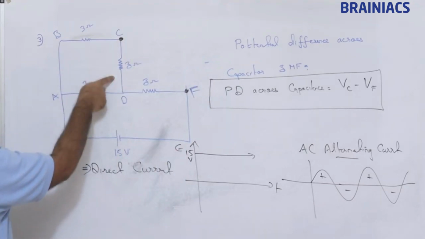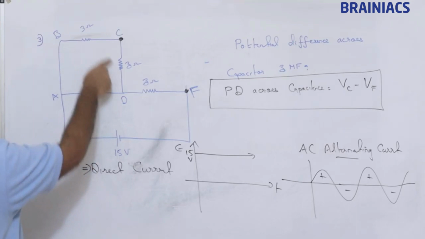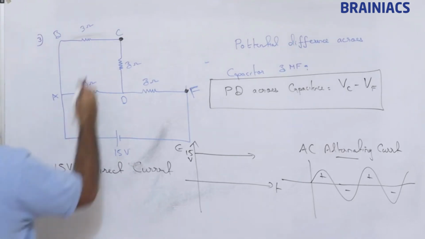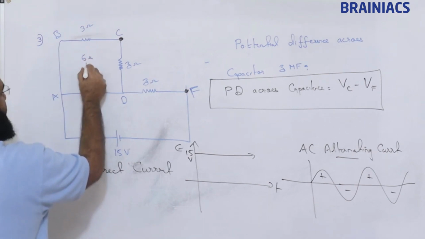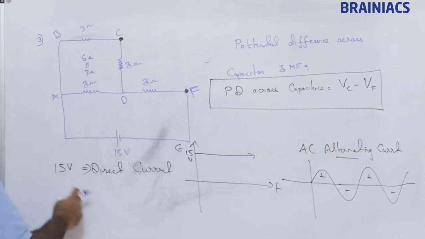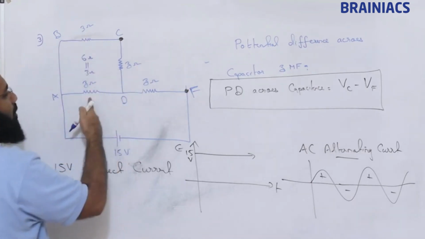Now this 3 plus 3 is 6, that is in parallel with this 3. So 6 ohm parallel with 3 ohm together contributes 2 ohm.